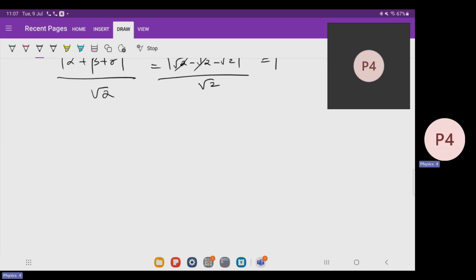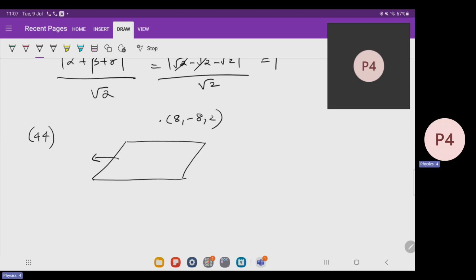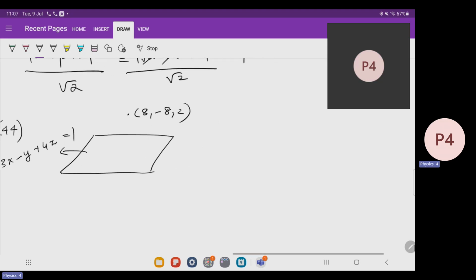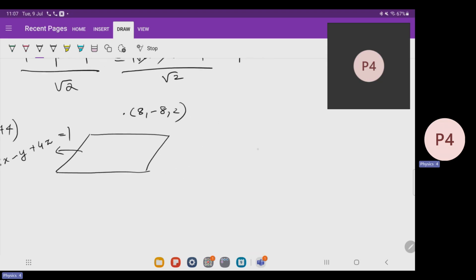Question number 44. The distance between the image of 8 minus 8, 2 in the plane 3x minus y plus 4z is equal to 1, and the point of intersection of the line with the plane.